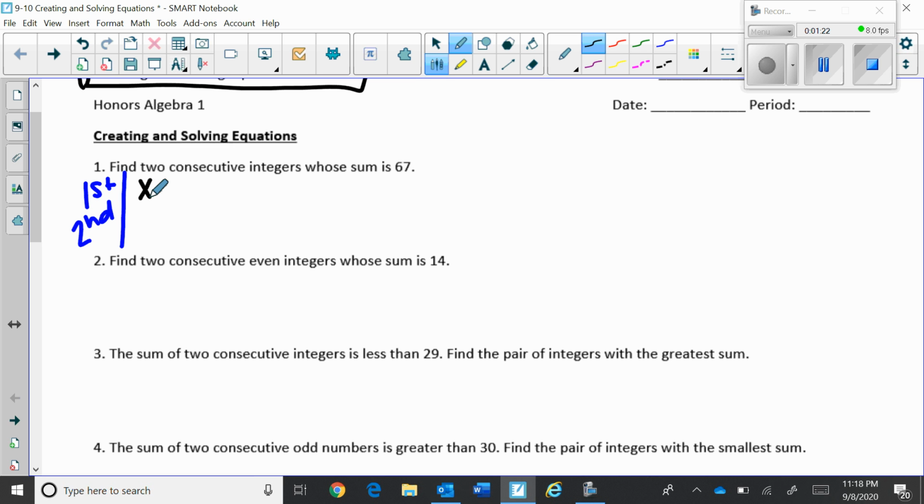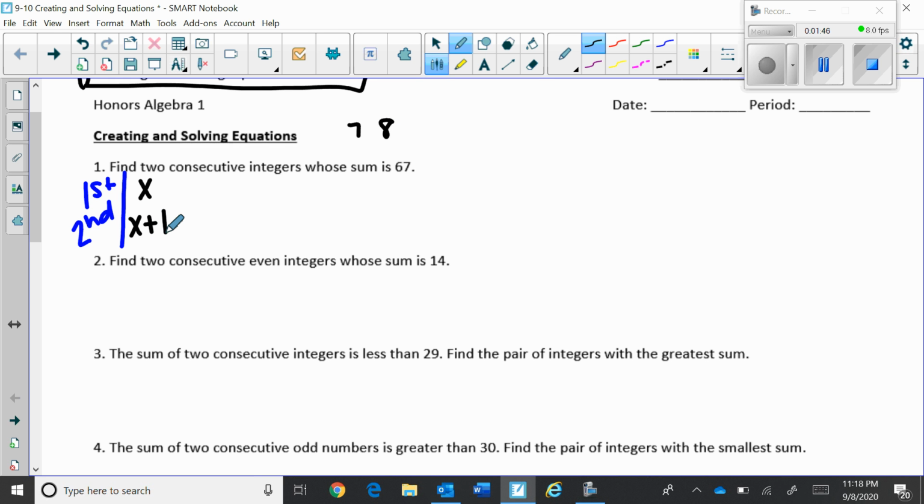All right, and if it's two consecutive integers, let's just say we have 7 and 8. All right, consecutive integers there. 8 is 1 larger than 7, right? 7 plus 1 is 8. So if you start with some random x, the way you get to the second consecutive integer would be x plus 1.